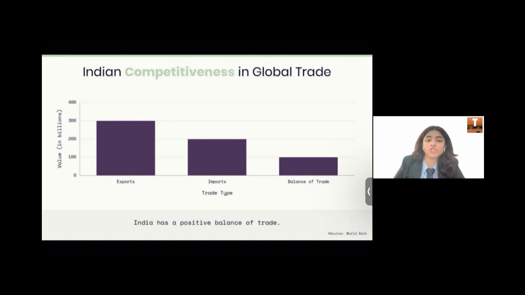Lastly would be technological advancements. India's advancements in technology and innovation have contributed to its competitiveness in global trade. The country has emerged as a leading destination for IT services, software development, and digital solutions, attracting foreign investments and driving export growth.